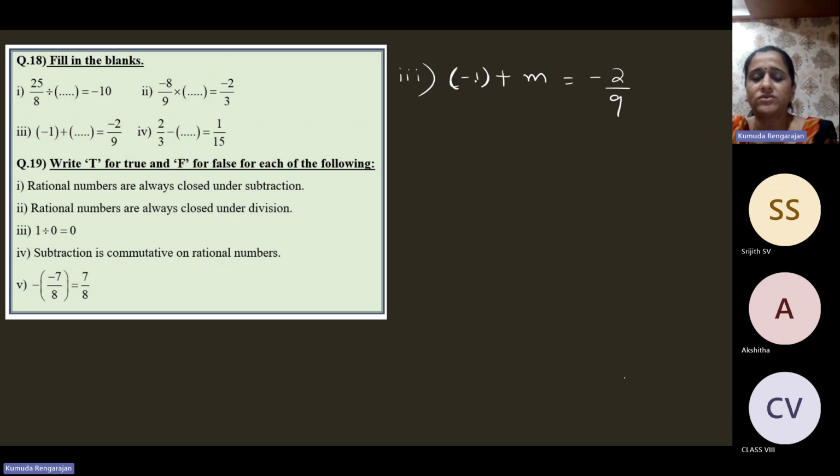This is nothing but minus 1 plus m is equal to minus 2 by 9. Now minus 1 goes to the other side as plus 1. So m is equal to minus 2 by 9 plus 1. This you already know.